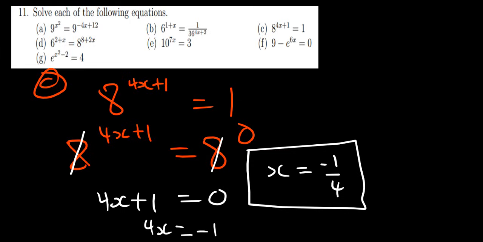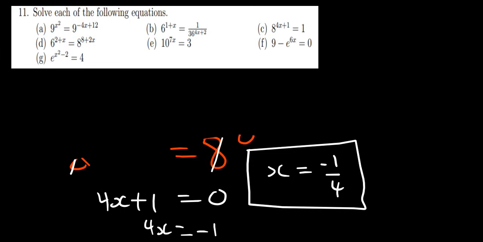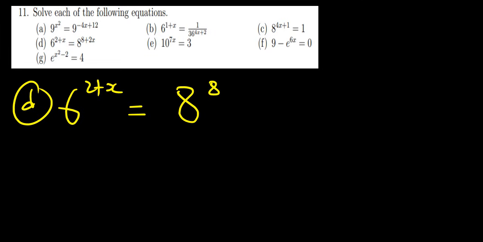Let's look at D. So D, we have 6 to the power 2 plus x equals 8 to the power 8 plus 2x.